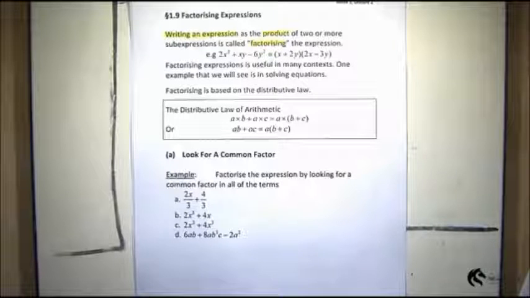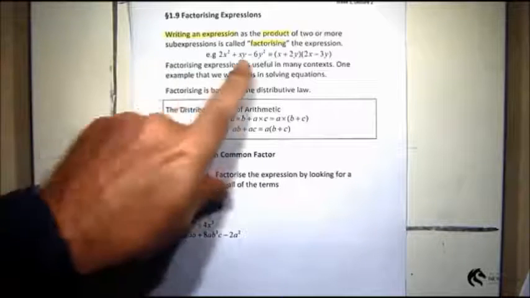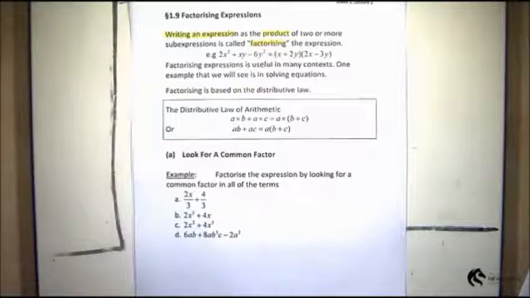I could even use index notation and write it as 2 cubed times 3. They're all different ways of writing down a factorisation of 24. So when we have an expression, we're going to try and write it as the product of 2 or more expressions. The answer may or may not be unique.